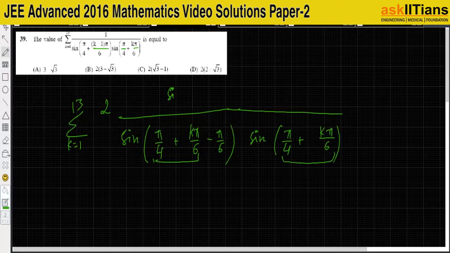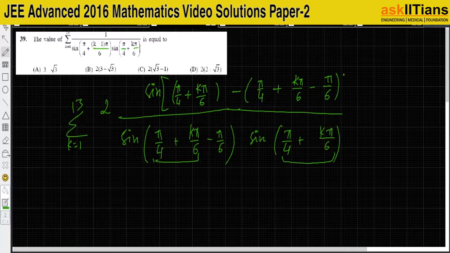Here I can write it as sine pi by 6, and I'll write this pi by 6 in a little different style. So I will subtract these two angles: sine of pi by 4 plus k pi by 6, minus the other angle, that is pi by 4 plus k pi by 6 minus pi by 6.